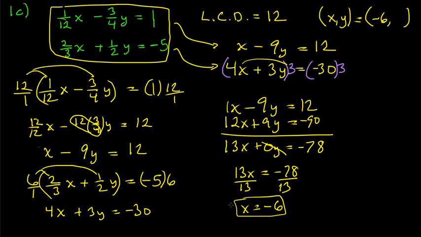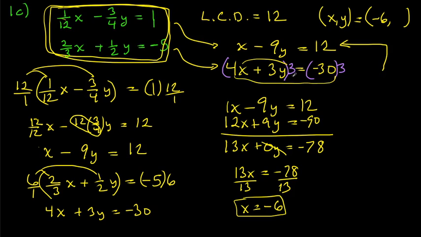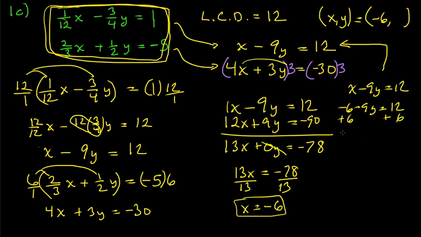right? And you do that by plugging in the negative 6 for x. You could do that in the original equations up here, but now you're dealing with fractions again. So why don't we just replace x with negative 6 in the first equation up here? You could do the bottom equation before or after you multiplied by 3. All right, so instead of x minus 9y equals 12, we have negative 6 minus 9y equals 12. So I have to add 6 to both sides.